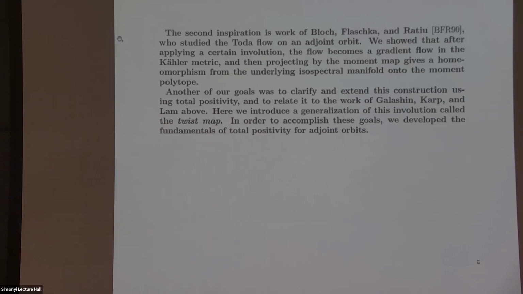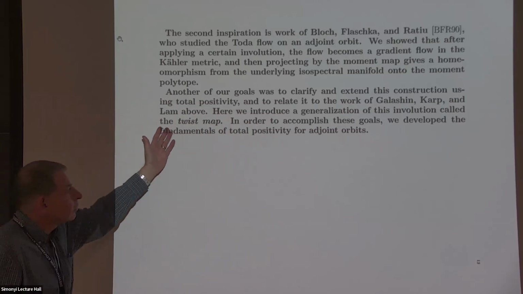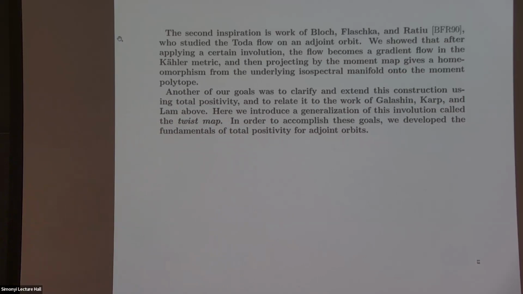So that puts these things together. And what you can do is use this flow to get these geometrical results about a ball for these totally positive flags or totally positive Grassmannians.